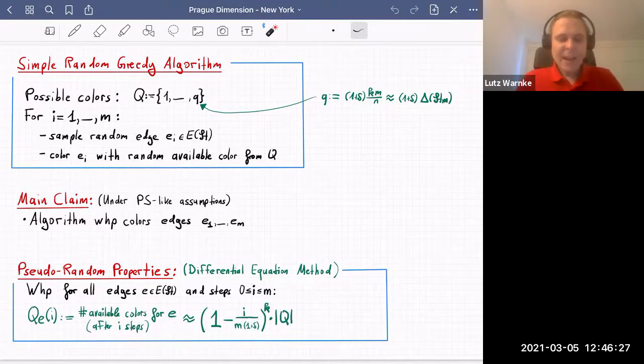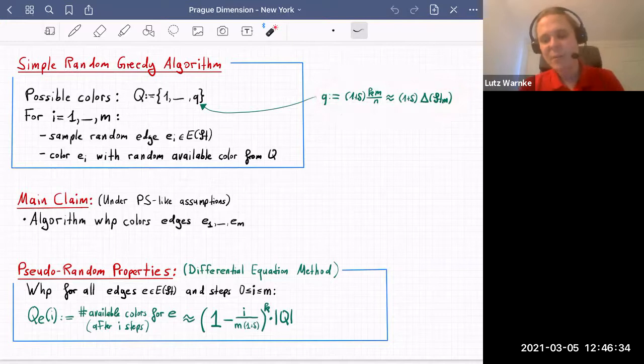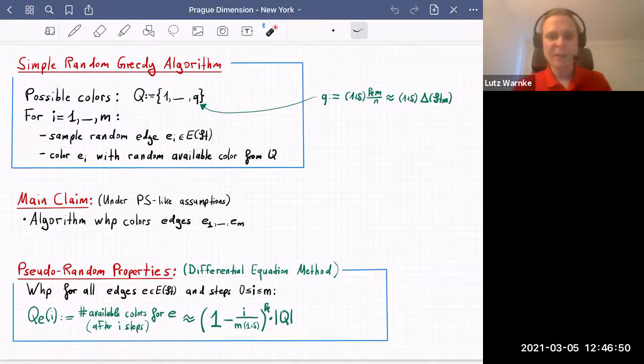Our claim, under the assumptions from the previous slide, is that if you plug in this particular set of parameters, where Q is approximately (1 plus delta) times the maximum degree, then with high probability your algorithm will succeed. It will never run out of available colors at any edge that you look at. So whenever you look at an edge, there's at least one color you can use, and that then means your algorithm successfully colors everything, because at each step, whenever it puts down a color, that will be okay. That will not violate any constraints.